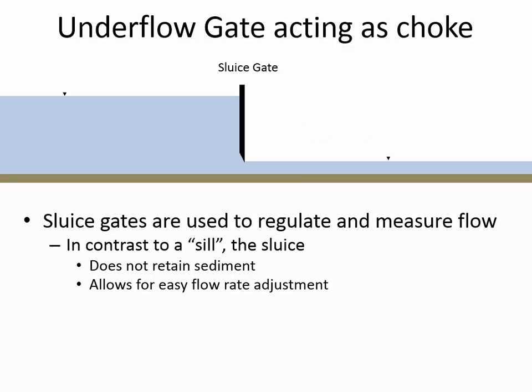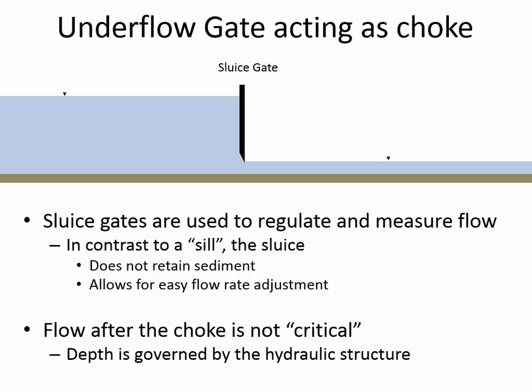Okay, the one last thing that we'll talk about is when there's a choke, how you can find out what's the specific energy situation that's going on, comparing the specific energy at 1 and the specific energy at 2. So a sluice gate can be used not just to quantify the flow rate, but actually to regulate it. So it sort of has a dual purpose.